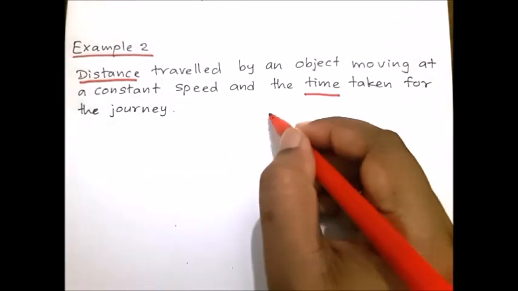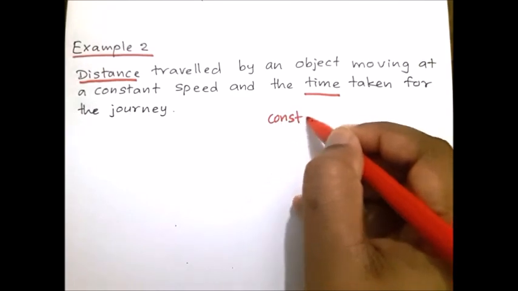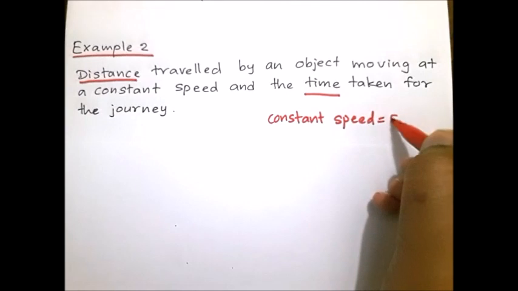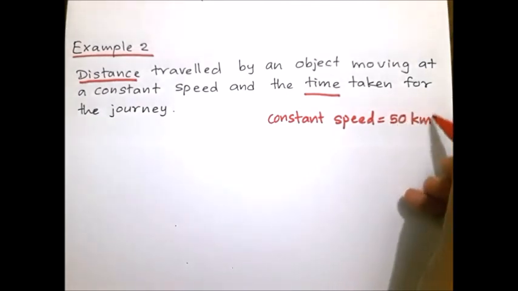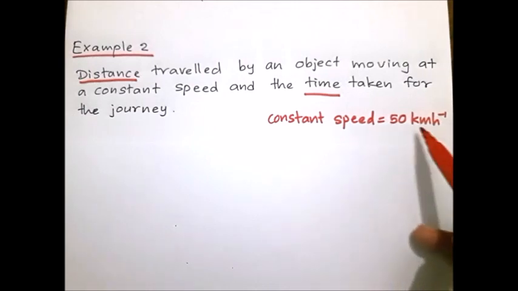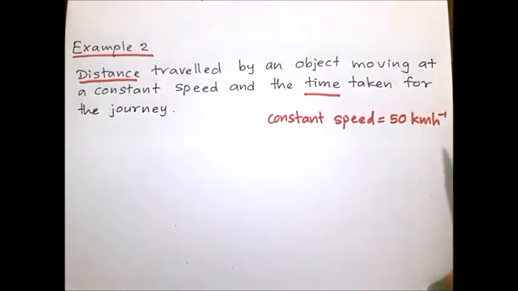As an example, I take constant speed as 50 kilometers per hour. You can take any value here, but I am going to take 50 kilometers per hour. What is the meaning of this? Within 1 hour, it travels 50 kilometers.